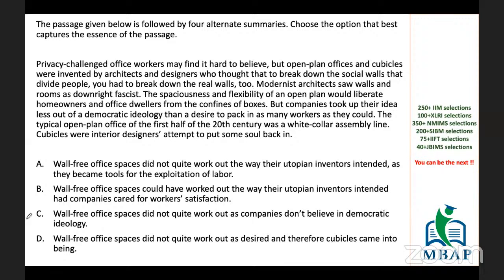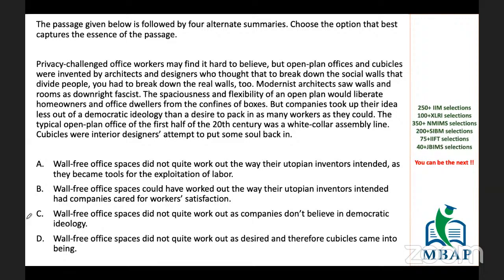The spaciousness and flexibility of an open plan would liberate homeowners and office dwellers from the confines of boxes. But companies took up their idea less out of a democratic ideology than a desire to pack in as many workers as they could. The typical open plan office of the first half of the 20th century was a white collar assembly line. Cubicles were interior designers' attempt to put some soul back in.